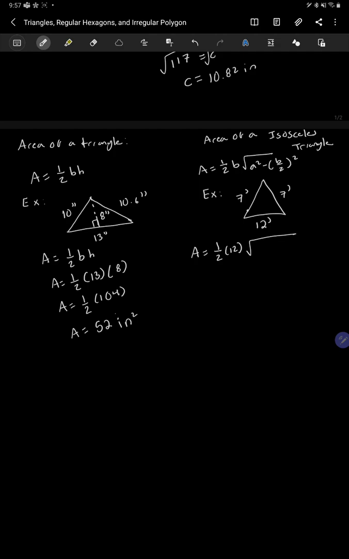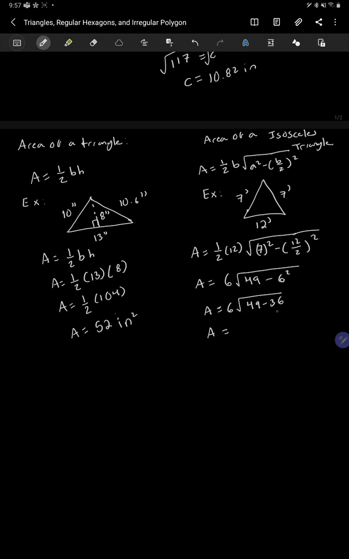Remember, the sides are all the same, so 7 squared minus 12 over 2 squared. So area is equal to 12 times 1/2, that gives me 6. 7 squared is 49, minus 6, 12 divided by 2, squared is 36. So area is equal to 6 times the square root of 49 minus 36.